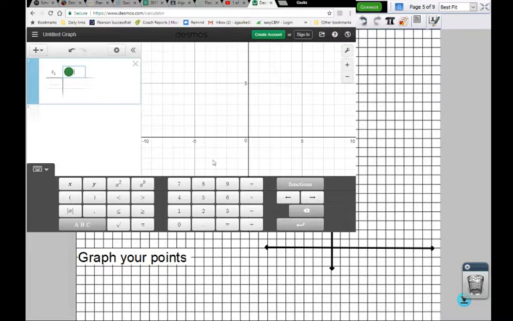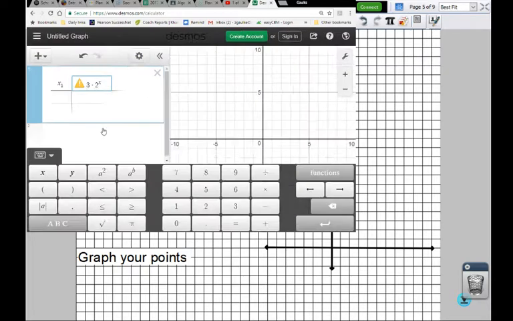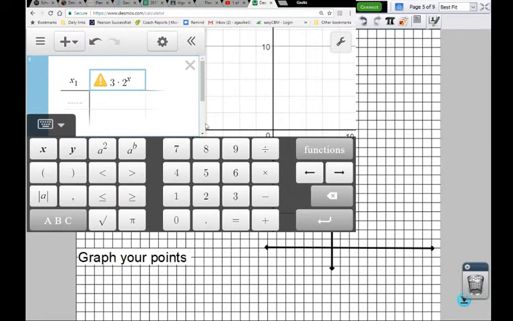And we're going to type in 3 times 2, hit your exponent button, x, and then we have to add one more thing. Right now, just do 3 times 2 to the x. Let me actually zoom in a little bit here, make it easier to see, since all we really need is our table right now. How'd you do that? Control and then mouse wheel up.